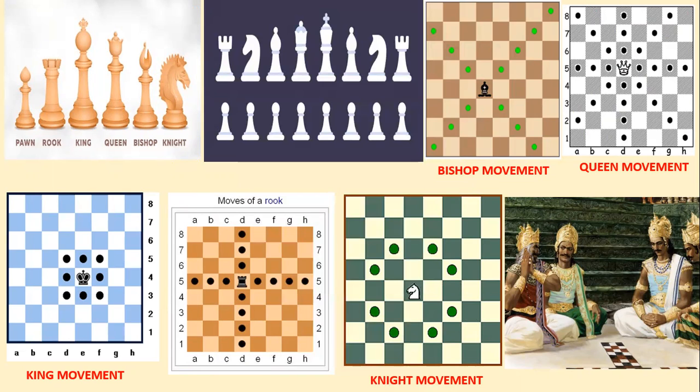It moves sideways and it can also move to any number of squares. Then comes the knight. The knight's movement is 2.5 squares, that is L shape. It moves in an L shape in any direction.